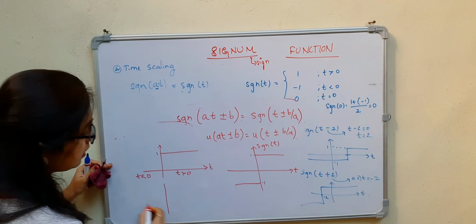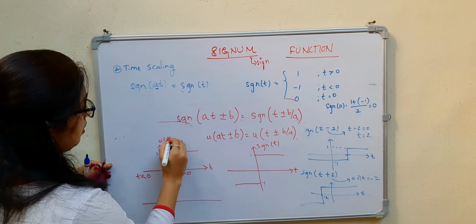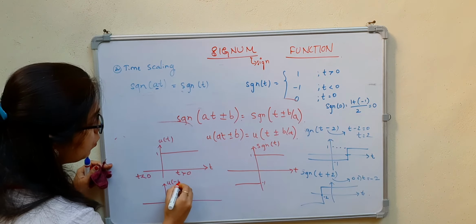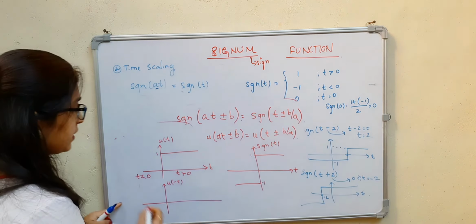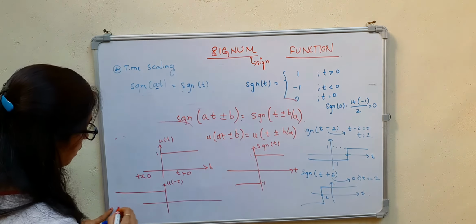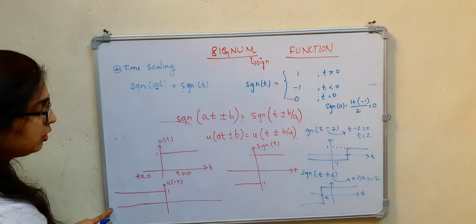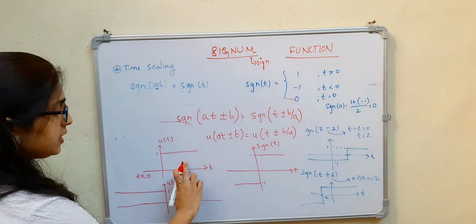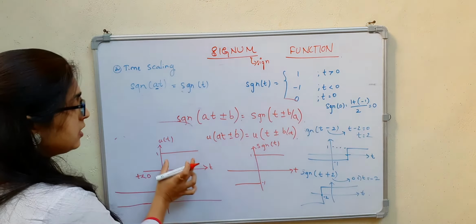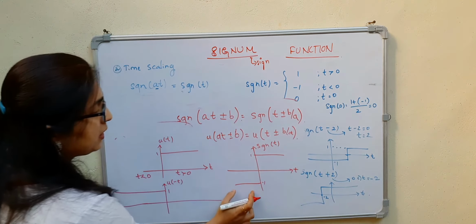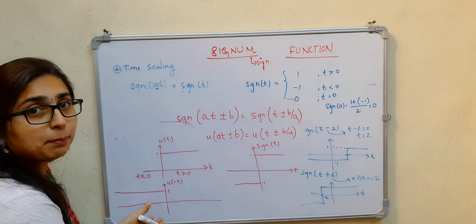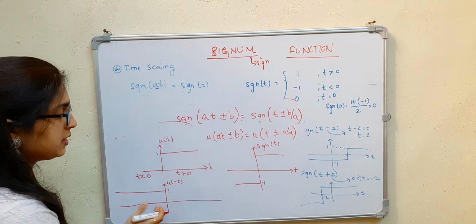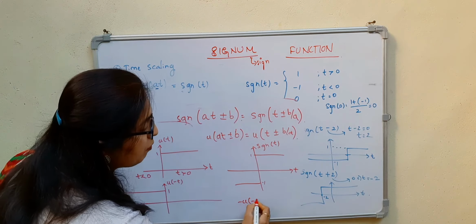Now I will consider u of minus t. U of minus t is nothing but it is from minus infinity to 0. This is your u of minus t. Now from this I can derive this. This part is as it is, but this part is the amplitude reversed part of u of minus t, that means minus u of minus t.